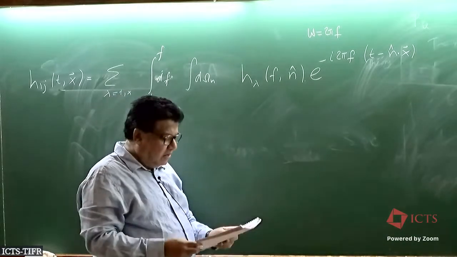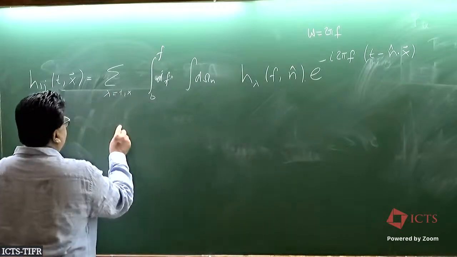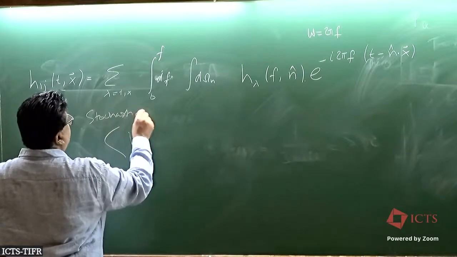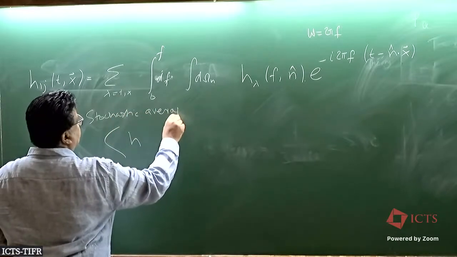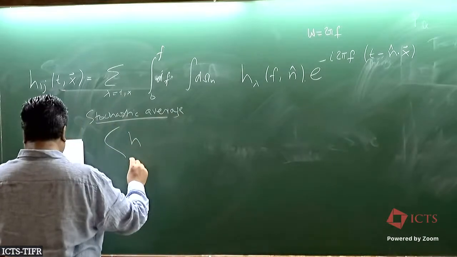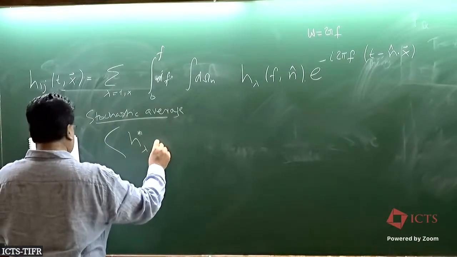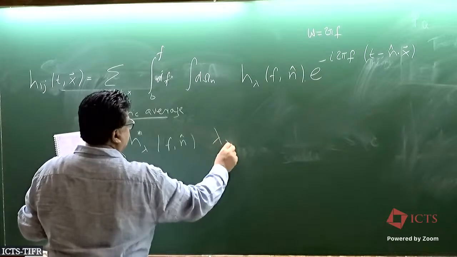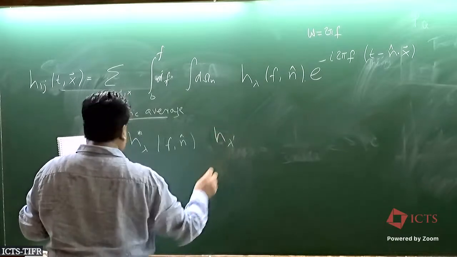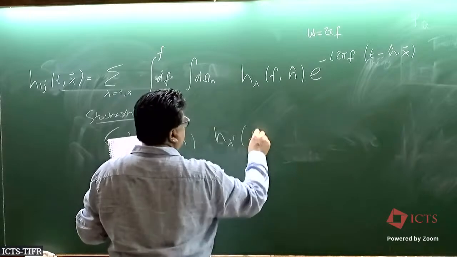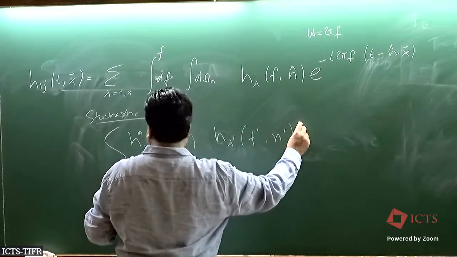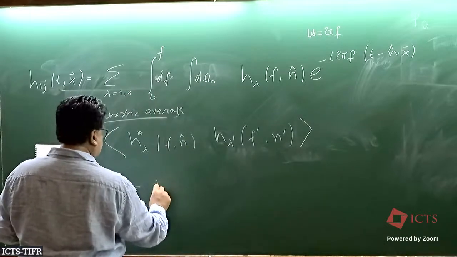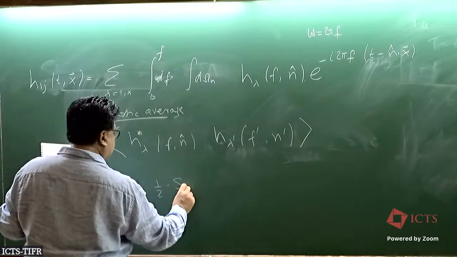And then I do the crucial thing, which is take the stochastic average. This is an assumption. This is lambda h star Fn lambda prime, and this is equal to the power spectrum S(f).